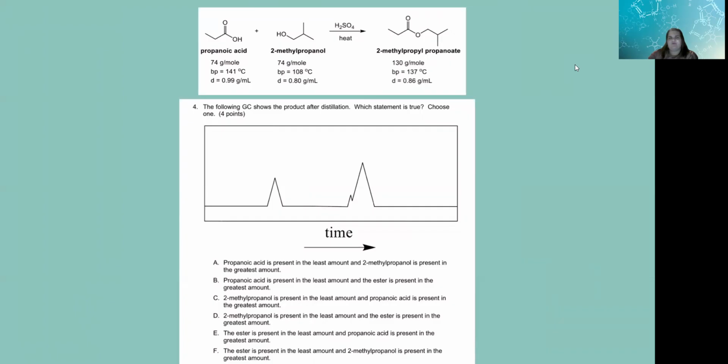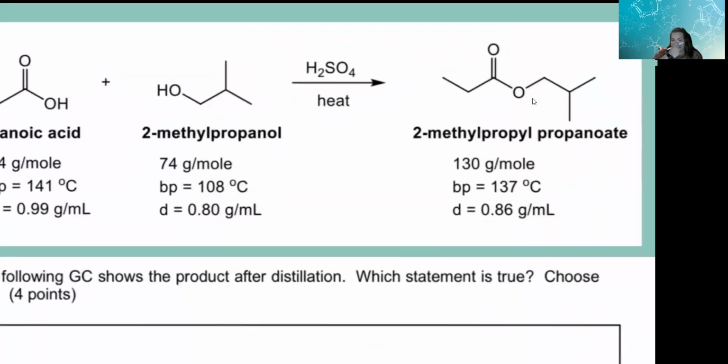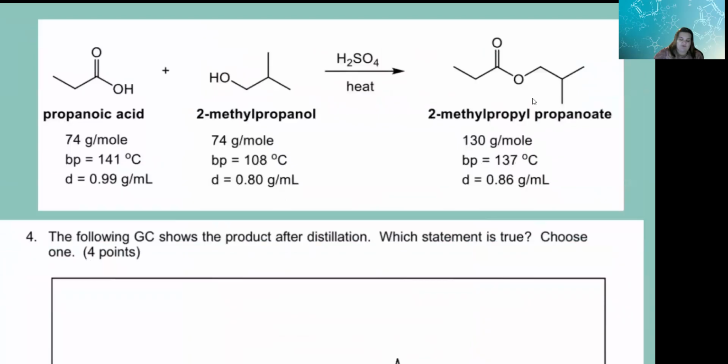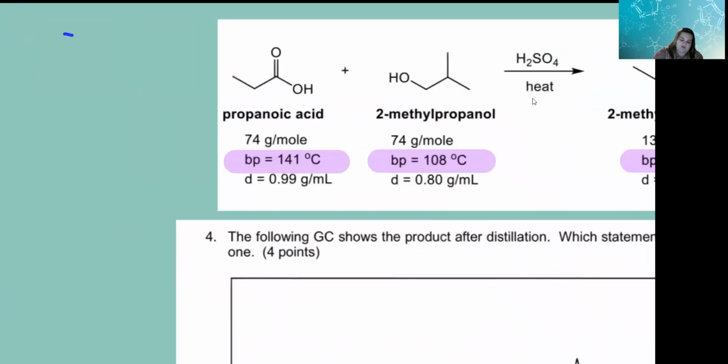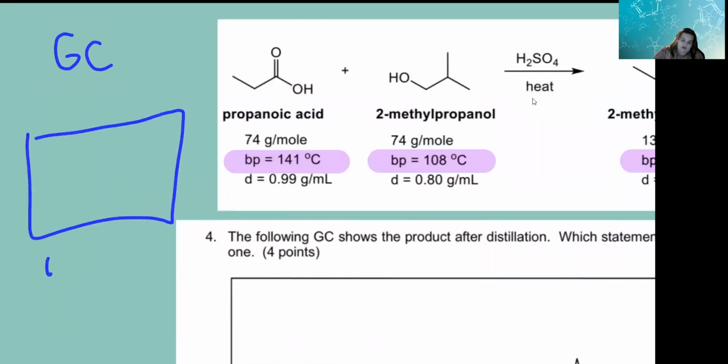Okay, let's start going over this because the answers are a little all over the place. So let's first just look at the structures, okay? Like I said, we want to focus on boiling point. So for gas chromatography, for GC, if time is increasing, you're going to have your lowest BP here, highest here.